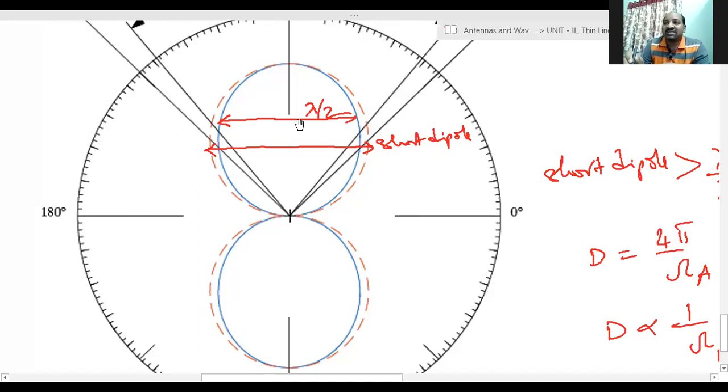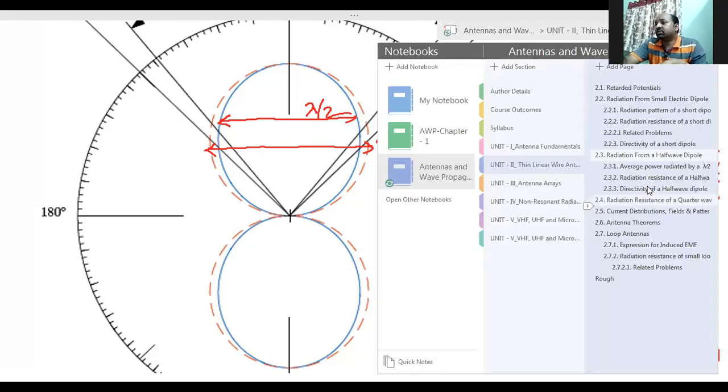So the less the beam area, the more the directivity. The beam area of half wave dipole is less compared with the beam area of short dipole. So therefore the directivity of half wave dipole is greater than the directivity of short dipole. So this is what we have discussed.